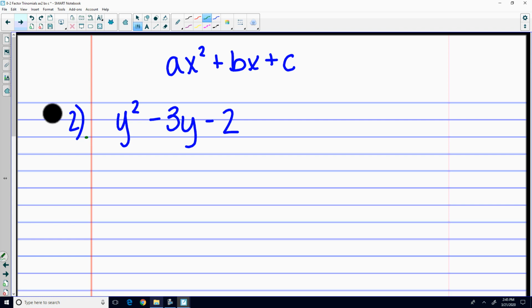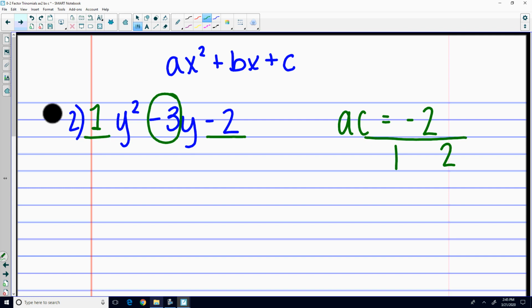Let's do it again. Multiply what's in the A position and in the C position. So I have 1 times negative 2. That's negative 2. So A times C is negative 2. Let's write all the factors of 2: 1 and 2. That was pretty easy because those are the only factors of 2. I need those to add to negative 3.